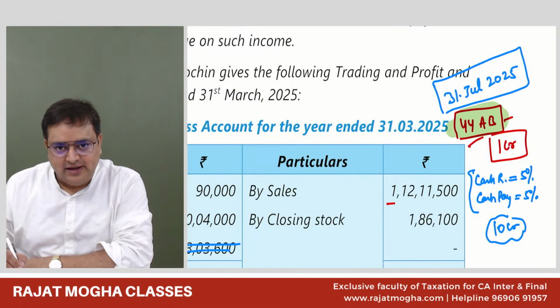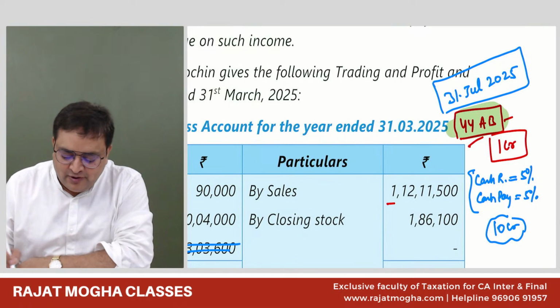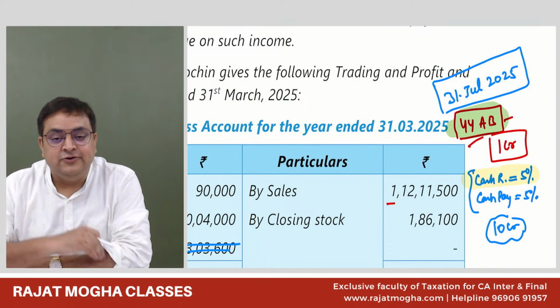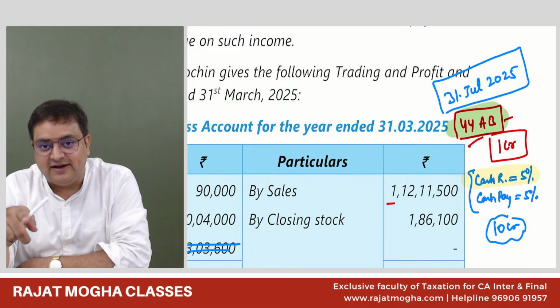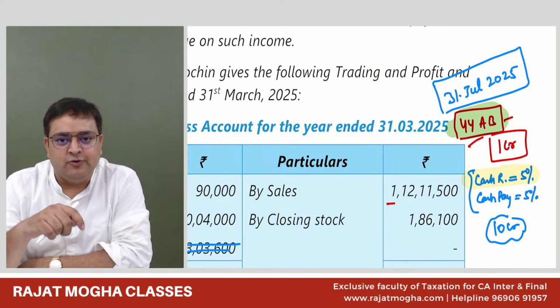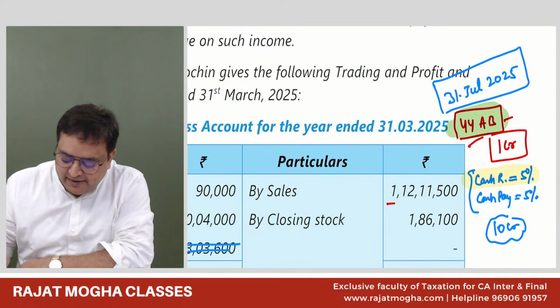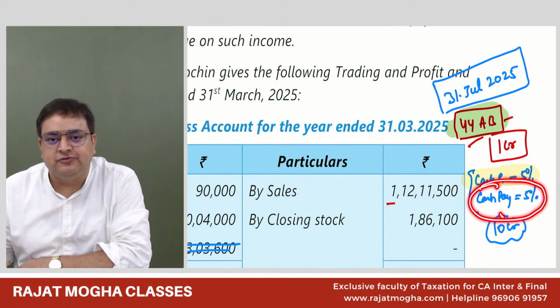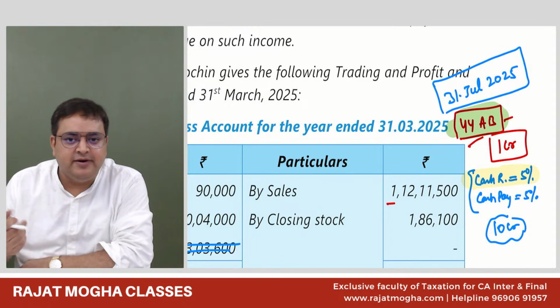cash through banking. Guys, you only know about this, that the question says his entire turnover is received in banking mode. But you don't know how much payments he has made and how much was through banking, because he might have made multiple payments.